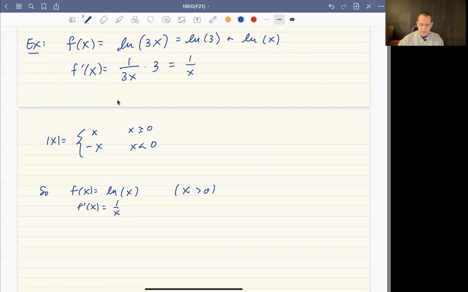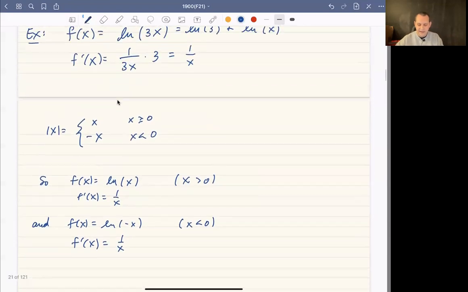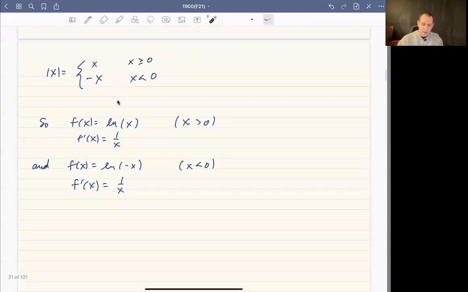That's the function we've been talking about all along. And if you take the natural log of negative x, when x is negative, then the derivative again is going to be 1 over x, because it's exactly like having a constant times x here. It's just that the constant is negative 1. So the derivative is again going to be 1 over x.